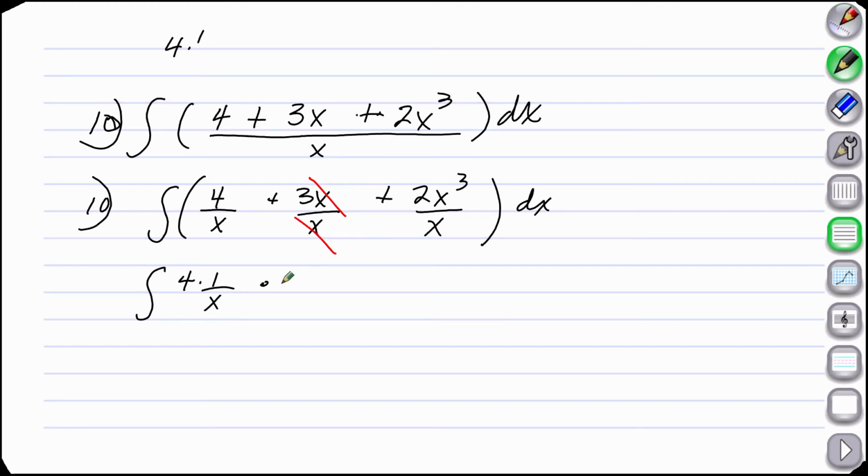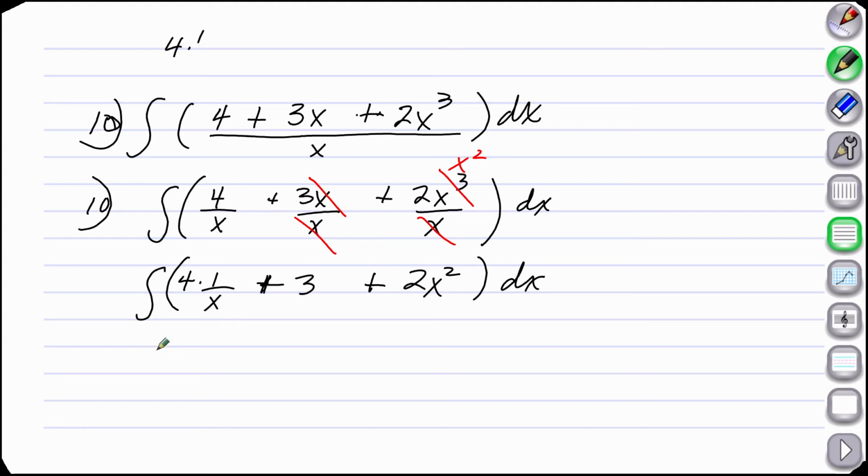So this is really plus 3. And here the x's are going to cancel a little bit too. X squared. So this is 2x squared dx.